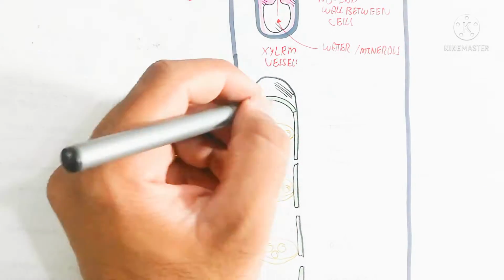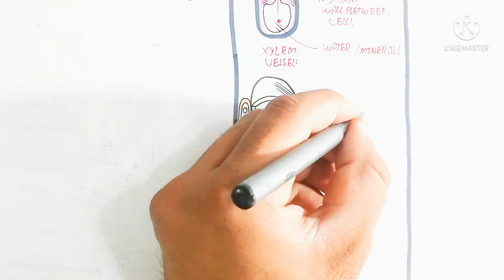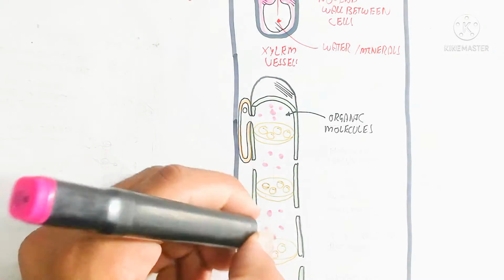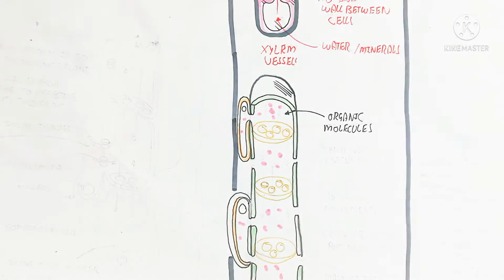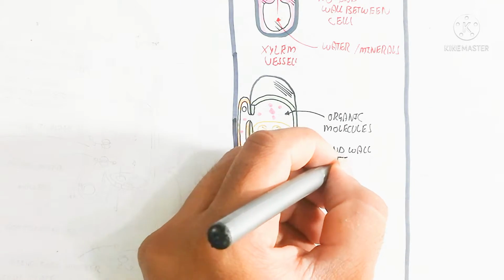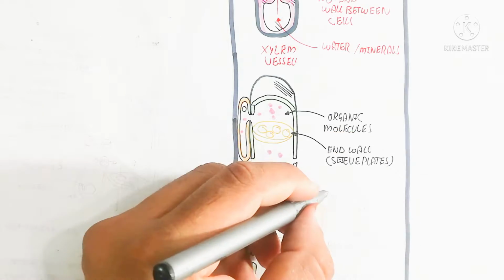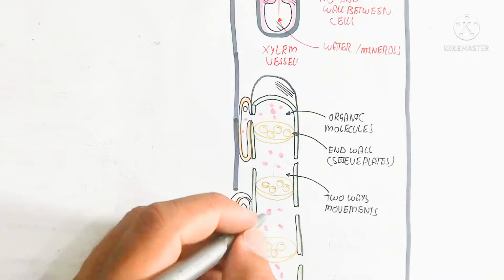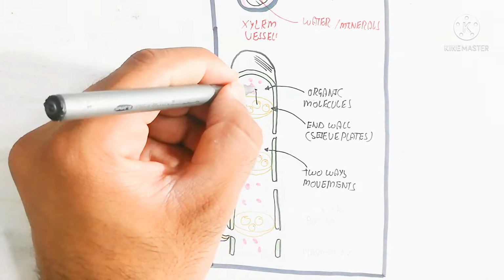Let's begin to understand the phloem. Phloem contains two types of cells. For example, this is the phloem vessel, and the wall is here, as you can see, and it contains organic molecules, for example sugar, vitamins, and minerals slightly. This is the end wall.